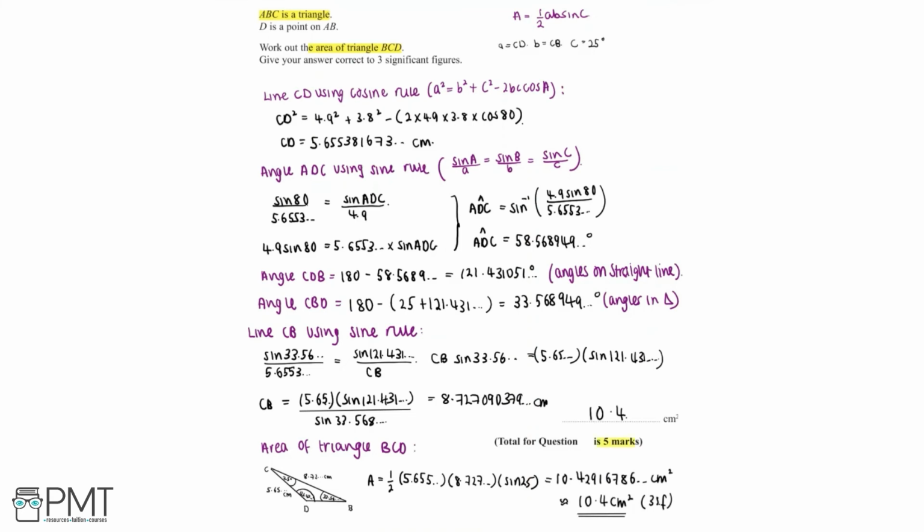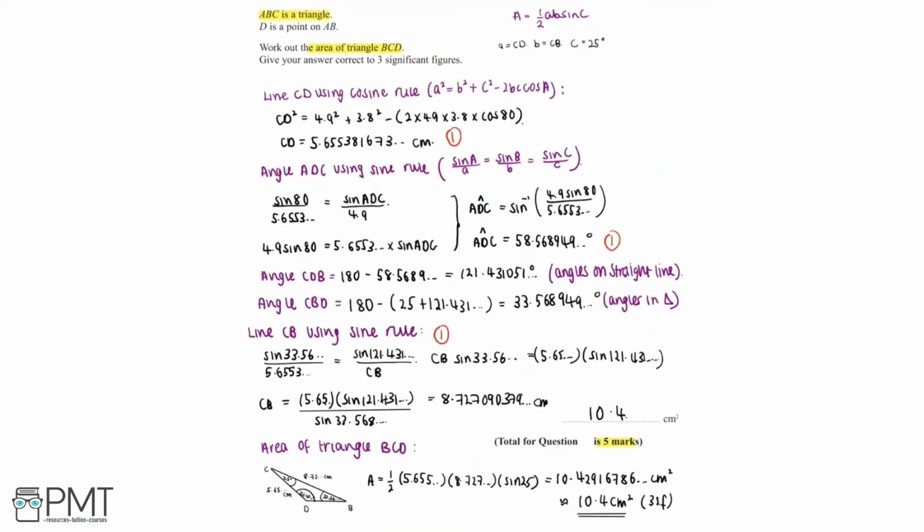Now this question is worth 5 marks, so let's take a look at where these marks are allocated. We get the first mark for using the cosine rule to find the length of line CD. We get the second mark for using the sine rule to find the angle ADC. We get the third mark for using the sine rule to find the line CB.